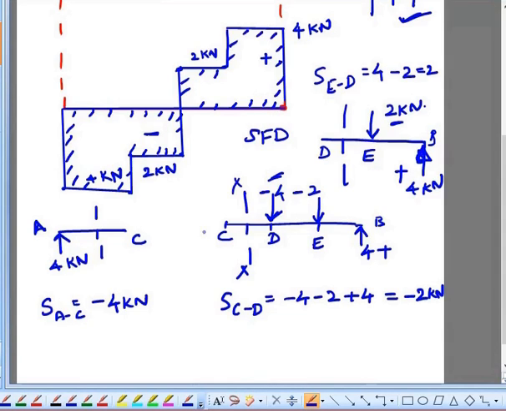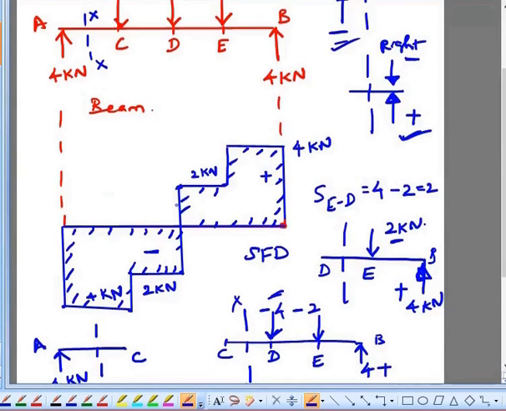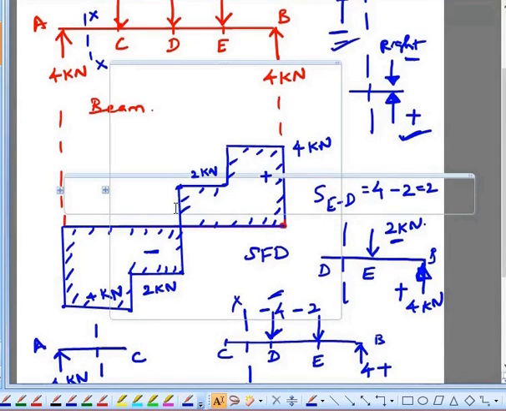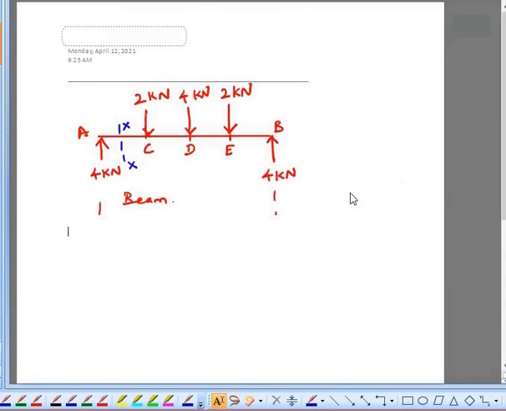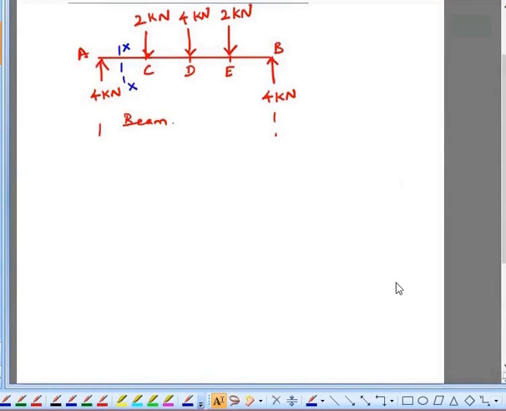So this is the shear force diagram. Similarly, you have to calculate the bending moment at different points and draw the bending moment diagram. So now we shall see the bending moment diagram.